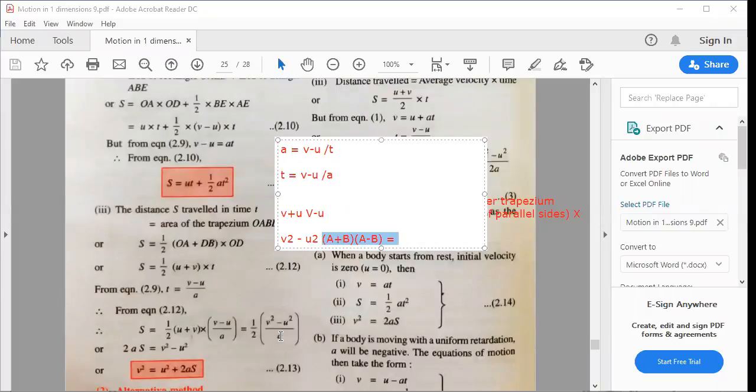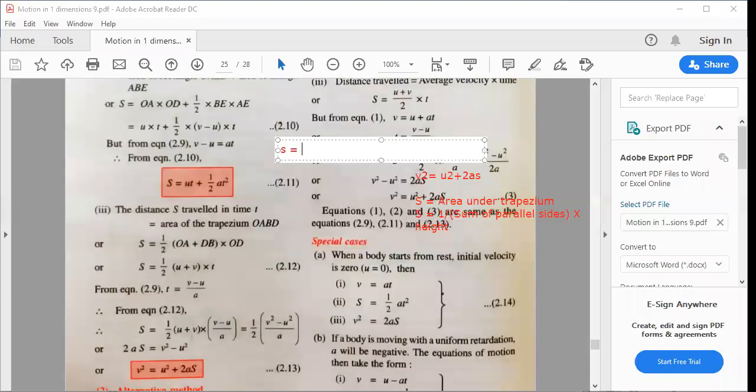Now 2A, sorry, take the 2A. So I'll just write it down here. S is equal to half, you have done the squaring, V square minus U square upon A. So it is half.